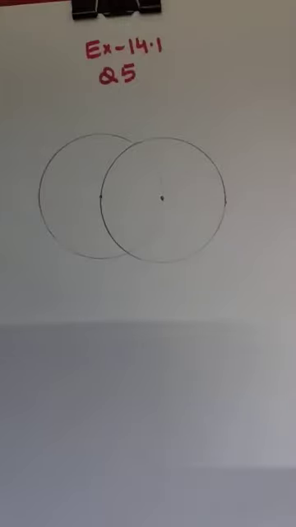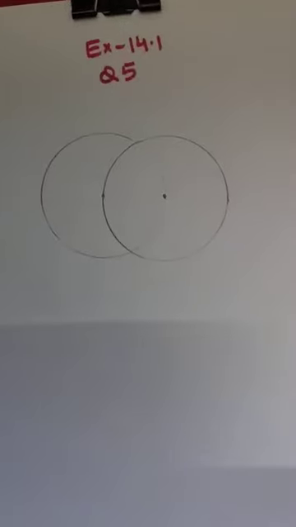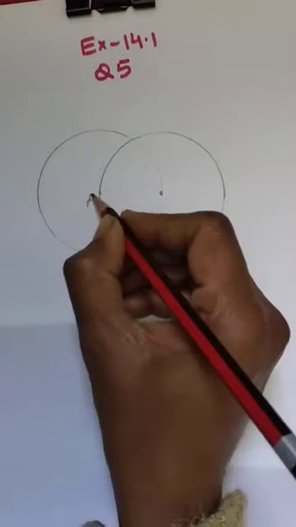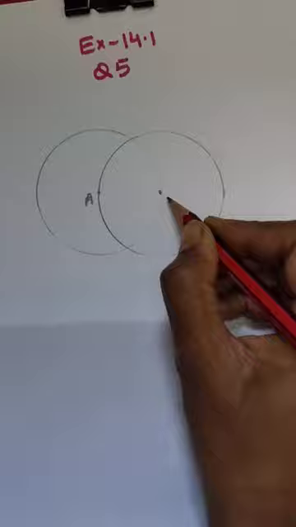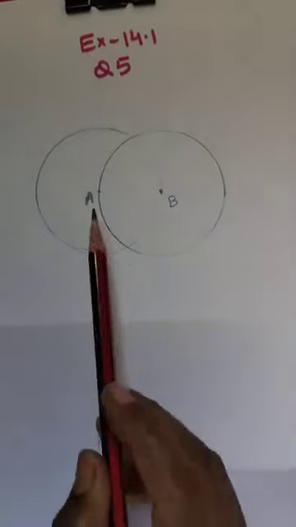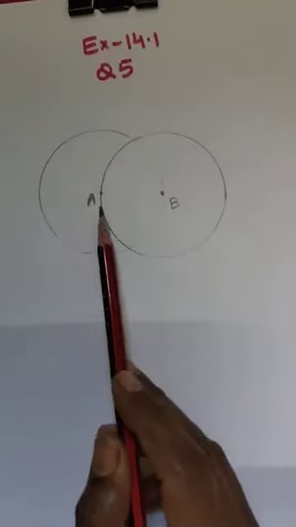So first of all, for this we need to draw two circles of equal radii in such a way that one of them passes through the center of the other. See, I have made two circles of equal radius. This is the center of first circle A, and this is the center of second circle B. Now you can see that each one passes through the center of the other.